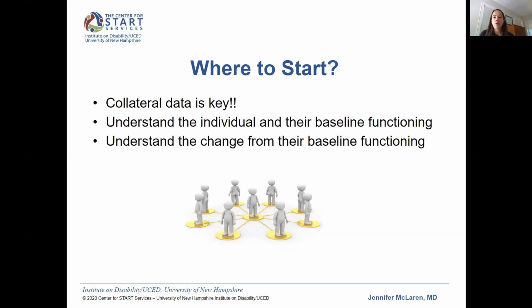To really do a good formulation assessment, you have to think about the baseline, because your formulation for somebody who has a long history of challenging behaviors since age 2, and the challenging behaviors have become more intense as they've gotten older, may be very different from an individual who has no history of challenging behaviors, and 3 months ago those behaviors started, and they're really struggling with new acute onset behaviors.